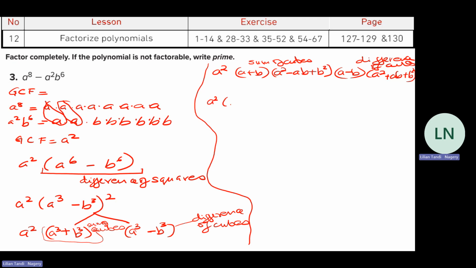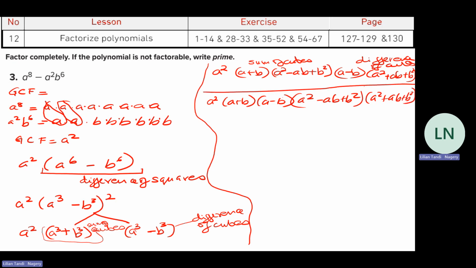So you're going to do a squared, a plus b, a minus b, a squared minus ab plus b squared, and then a squared plus ab plus b squared. And you box your answer, just like that.